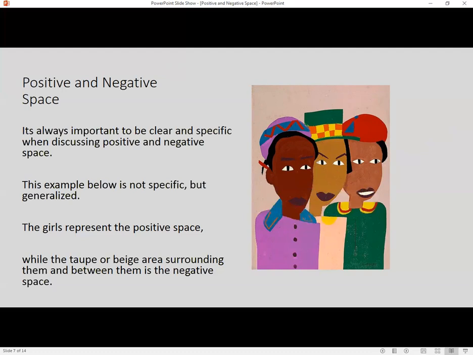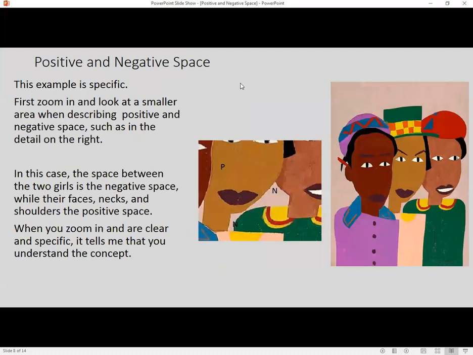That doesn't really tell me you know what you're talking about. First, I'm going to give an example relating to this image that's generalized. In the generalized version, I'm going to say that the girls represent the positive space, while the taupe or beige area surrounding them and in between them is the negative space.